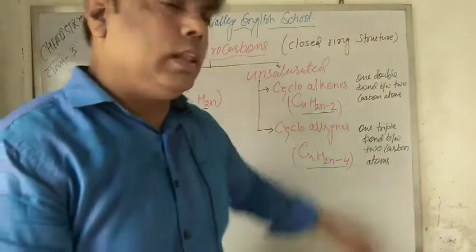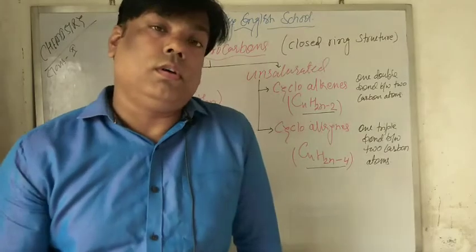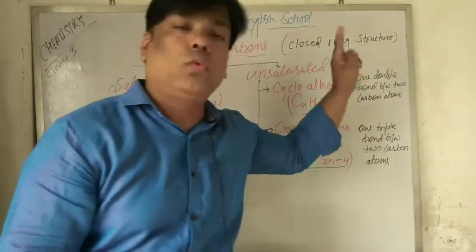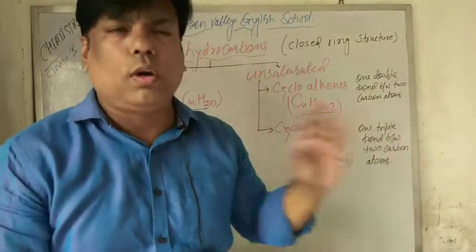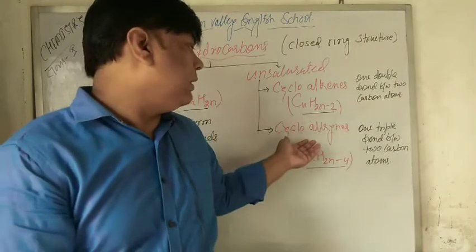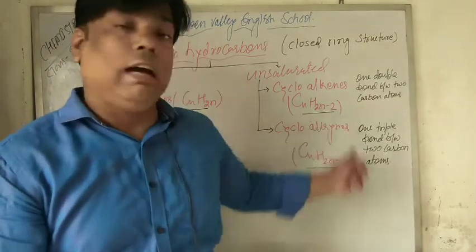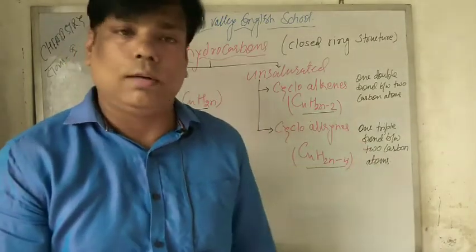So what are cycloalkenes? Cycloalkenes are those cyclohydrocarbons in which there is one double bond between any two carbon atoms. And in case of cycloalkynes, there is one triple bond between any two carbons.